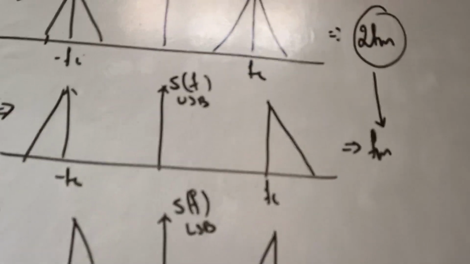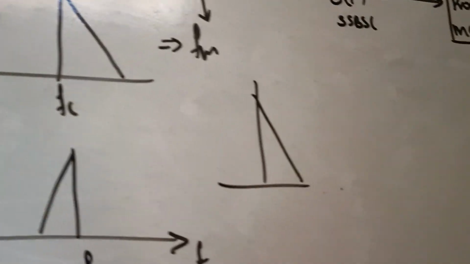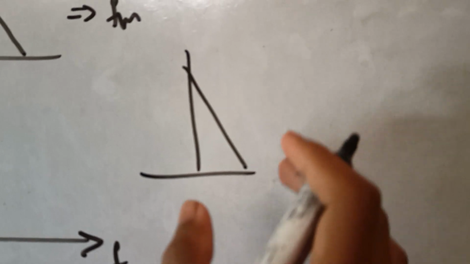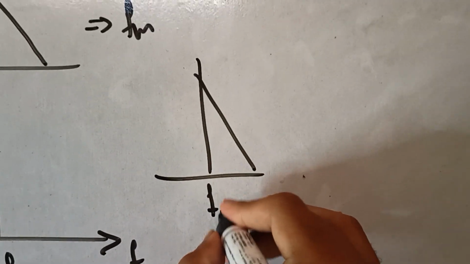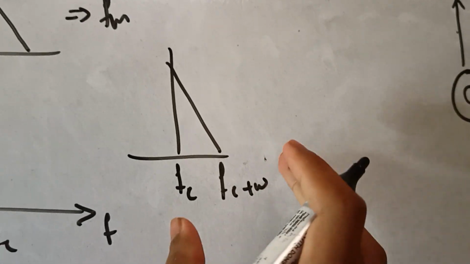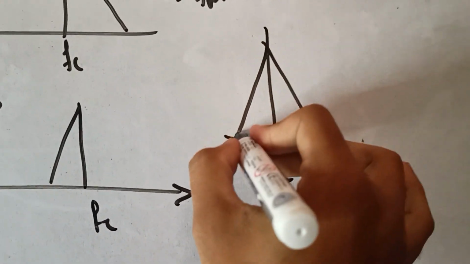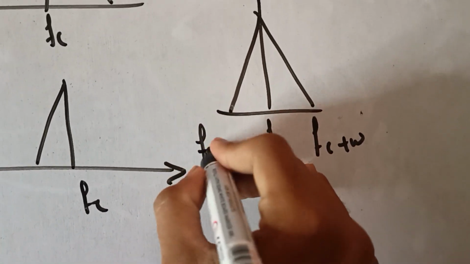In single sideband suppressed carrier, what happens is, in DSBSC, one half of the signal, the upper sideband, used to occupy half of the frequency, and the other half, the lower sideband, used to occupy the other half of the frequency.